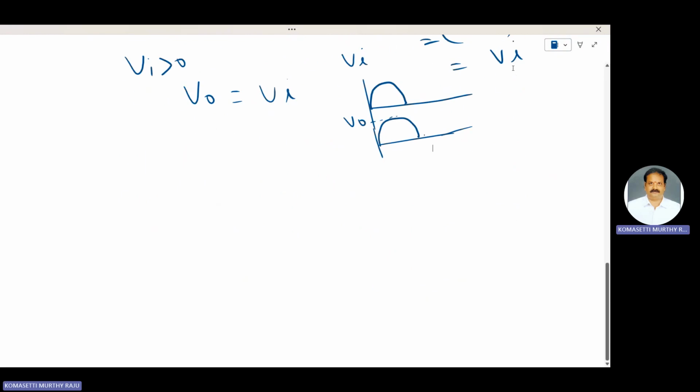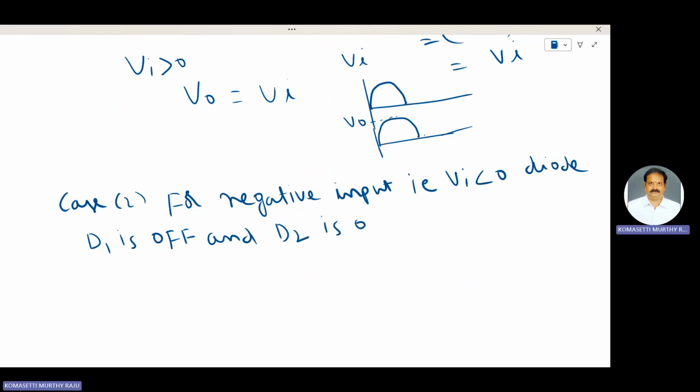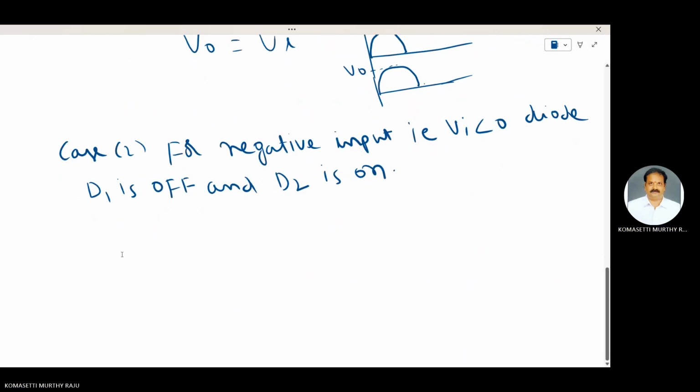Coming to the second one, case 2, for negative input, that is Vi less than 0, diode D1 is off and D2 is on.